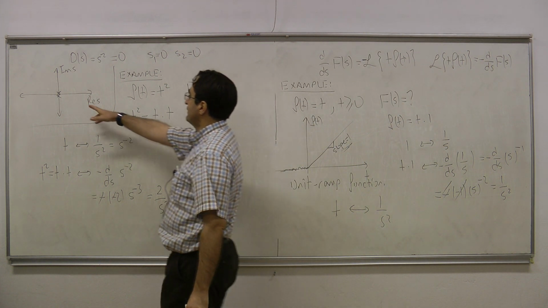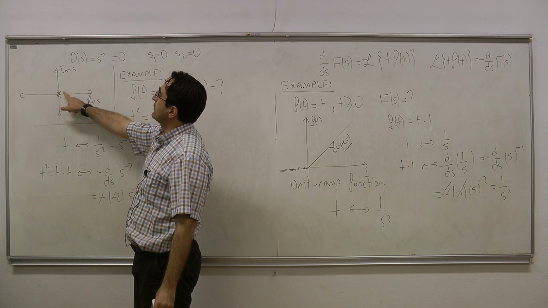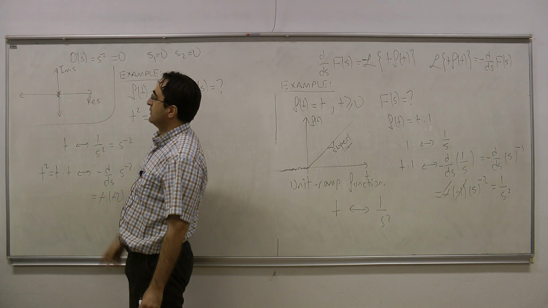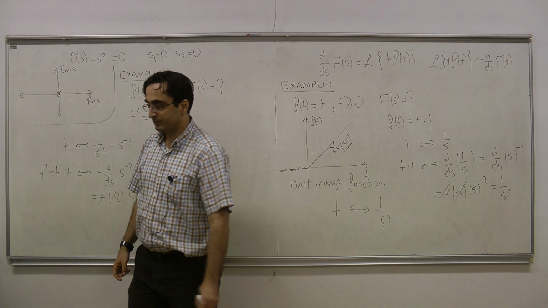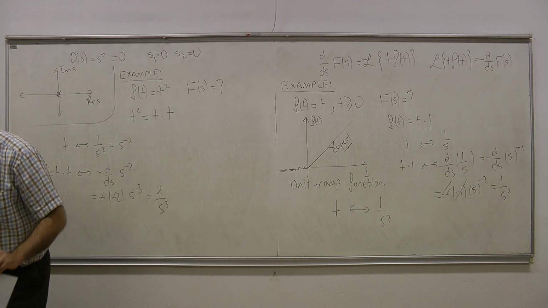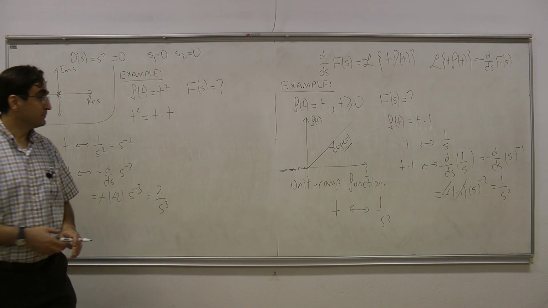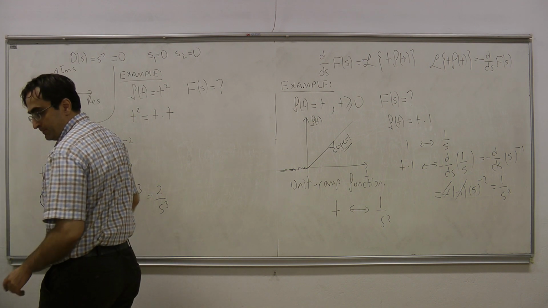Okay? So this is the same pole zero plot, except that I would have 3 poles at the origin. All right? Okay, let us get more complicated.